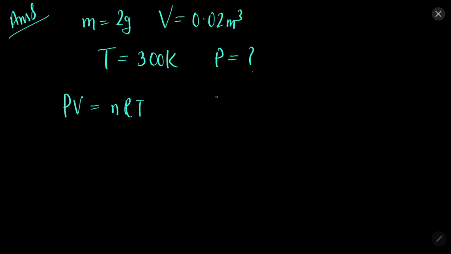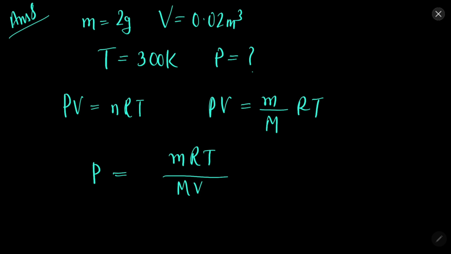where n is the number of moles, so n can be given as mass over molar mass. So P equal to mRT over MV.